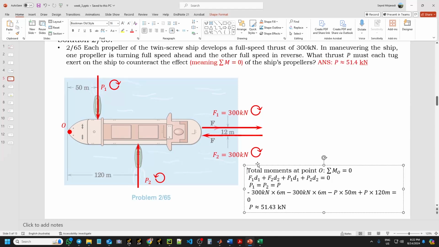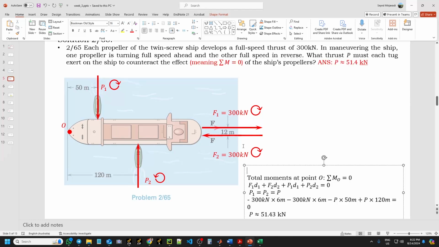So now I will just write, for example, instead of these two forces, as I mentioned, I just put 300 kilonewton. Kilo, I just put kilo, but you need to know that kilo means 1000. Or you can write 1000s, and the distance is 12. So is it clockwise or counterclockwise?